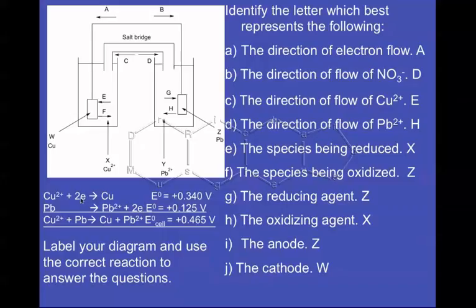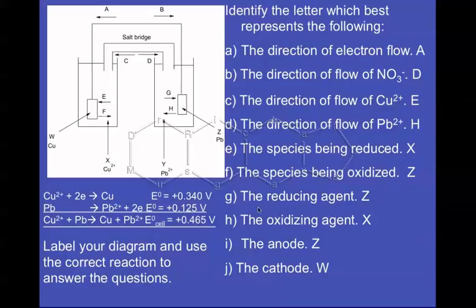So whatever has the electrons on the reactant side will be the species being reduced, in this case copper 2 plus. Lead is going to Pb2 plus plus 2 electrons. The electrons are on the product side. That's a sign of oxidation. Oxidation is loss of electrons. So electrons on the product side is what you're looking for in oxidation. So lead is being oxidized, so that's going to be Z.